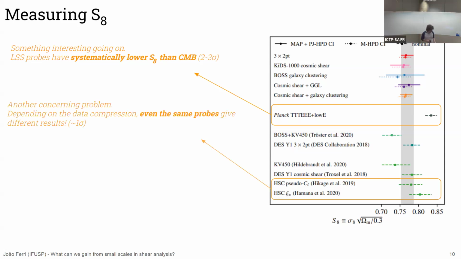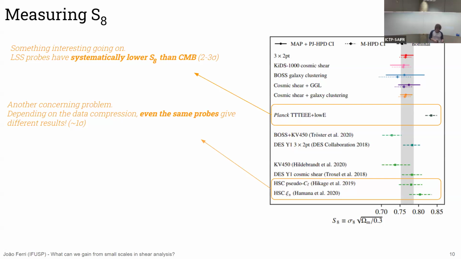Now, there's another very interesting thing going on in these first experiments. If you make the data compression in one space and infer S8, and you do the same thing in the other space, some experiments like HSC and KiDS, for example, were giving incompatible values, which is kind of strange because you're compressing the same field.